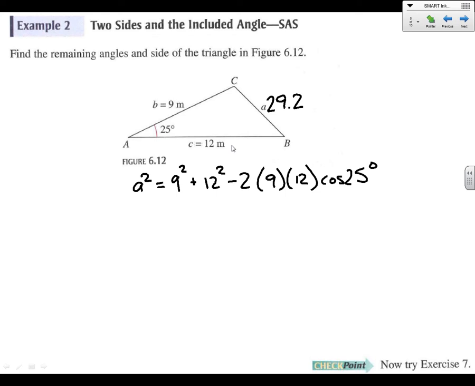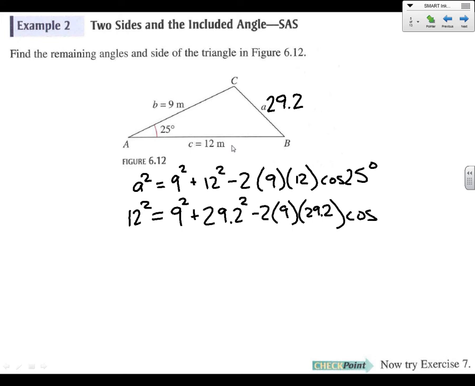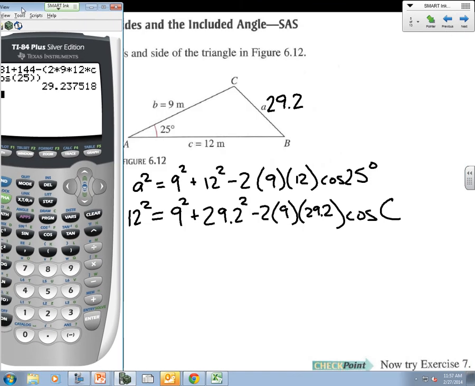So on this one we're going to have 12 squared equals 9 squared plus 29.2 squared minus 2 times 9 times 29.2 cosine of C is what we're looking for here. To the calculator, let's plug it in.